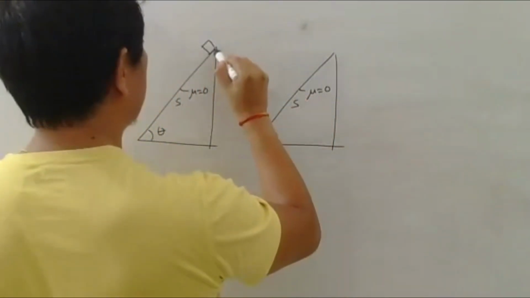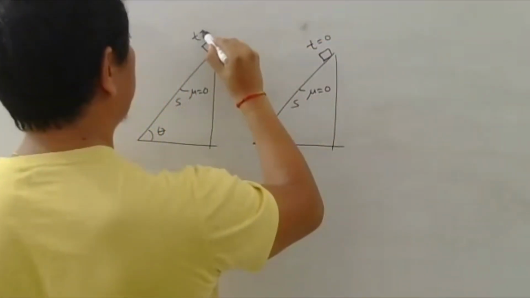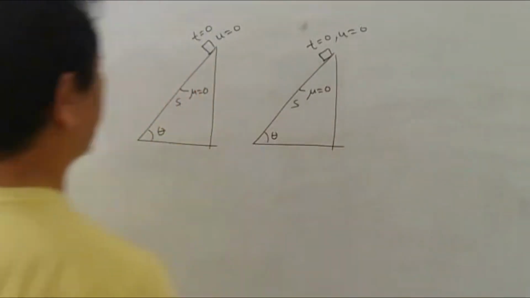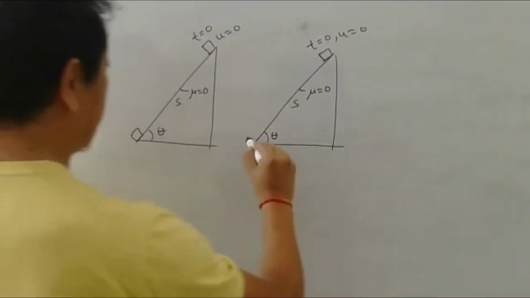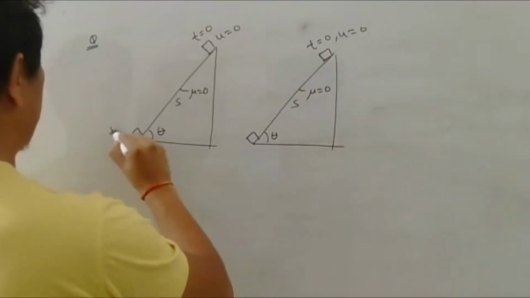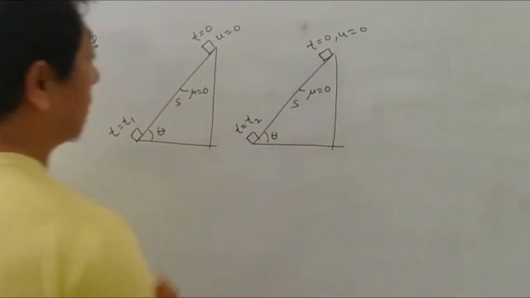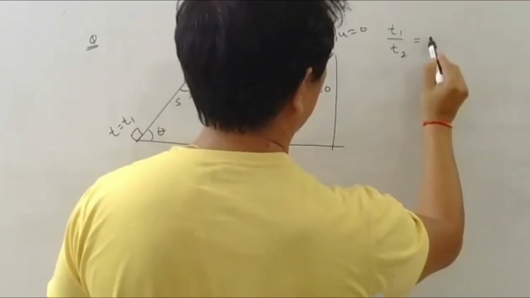In both the cases, a block is released from rest at time 0, and when it reaches here, the time here is t1 and time here is t2. t1 by t2 is given as some ratio.